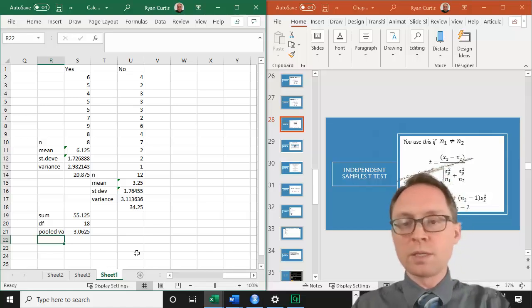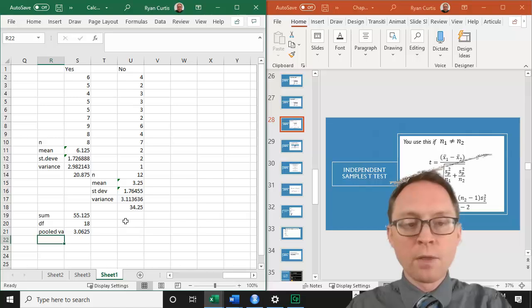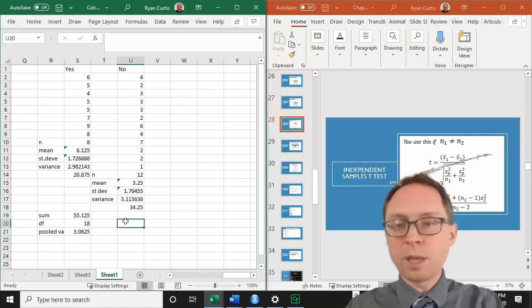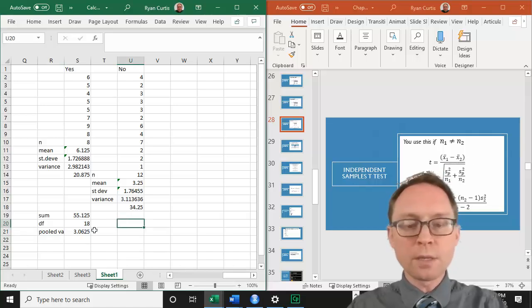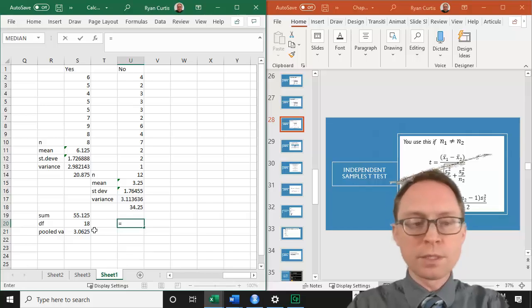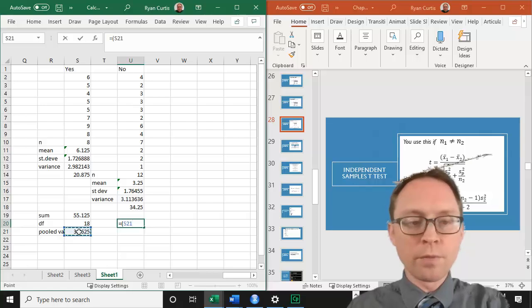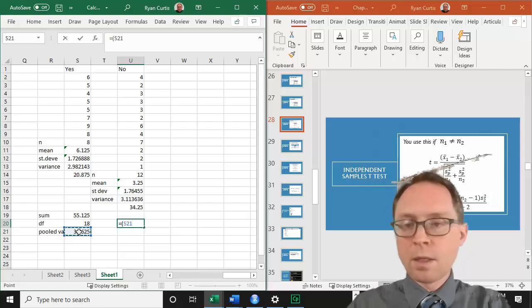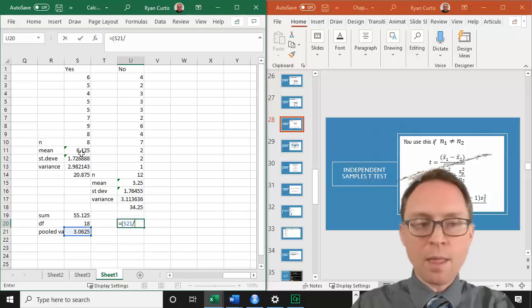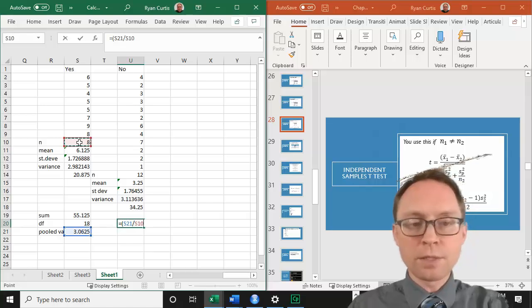That's what it is. So now we need to get the denominator for the t statistic. So this is going to be the pooled variance. Let's go ahead and do both of them. Pooled variance divided by n sub 1, which is 8, right?